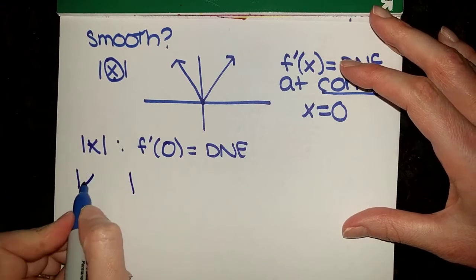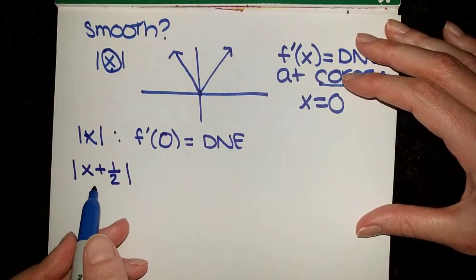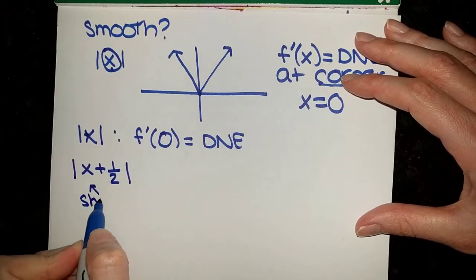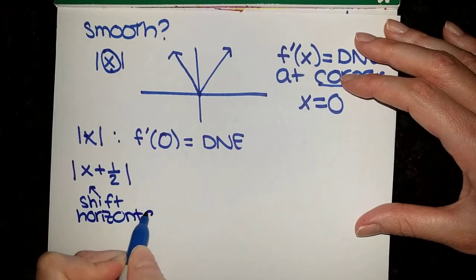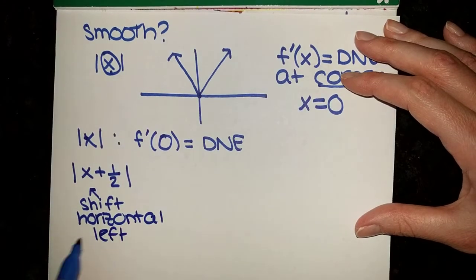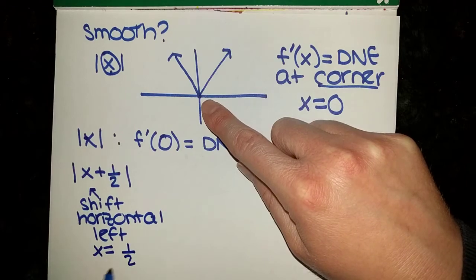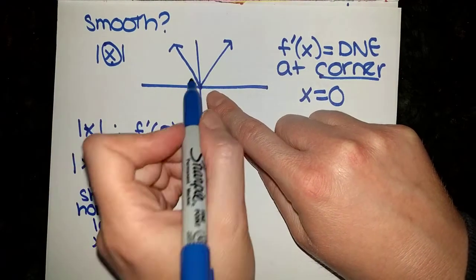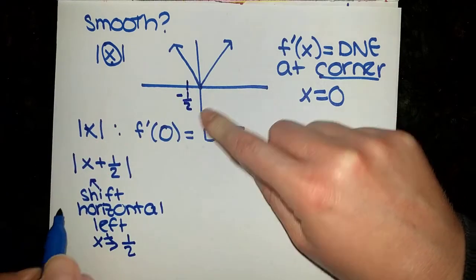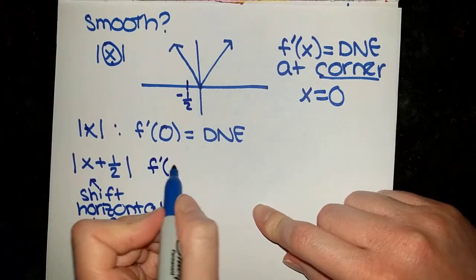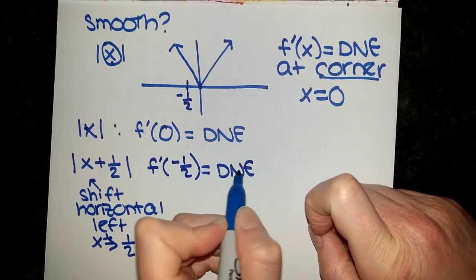If you were to look at x plus 1/2, for example, what that would mean by transformations is that you have shifted this horizontally to the left 1/2 unit, so the corner that's at 0 would now be at -1/2. So you would have to say that this function is not differentiable at -1/2.